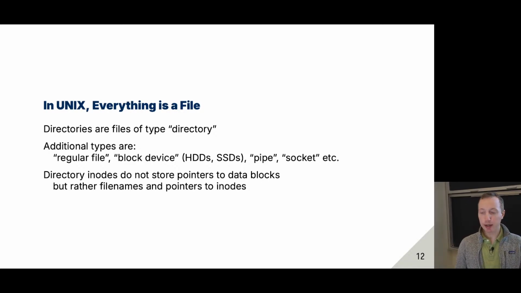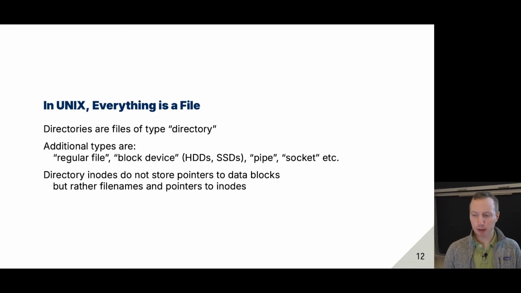And directory inodes don't store pointers to data blocks. What they store is just tuples of file names and inodes, and that's all a directory is. It's just a whole bunch of tuples of names and inodes.